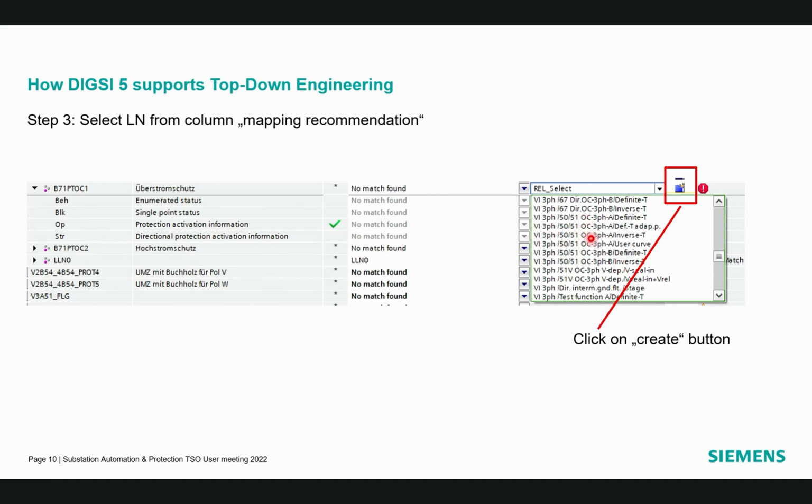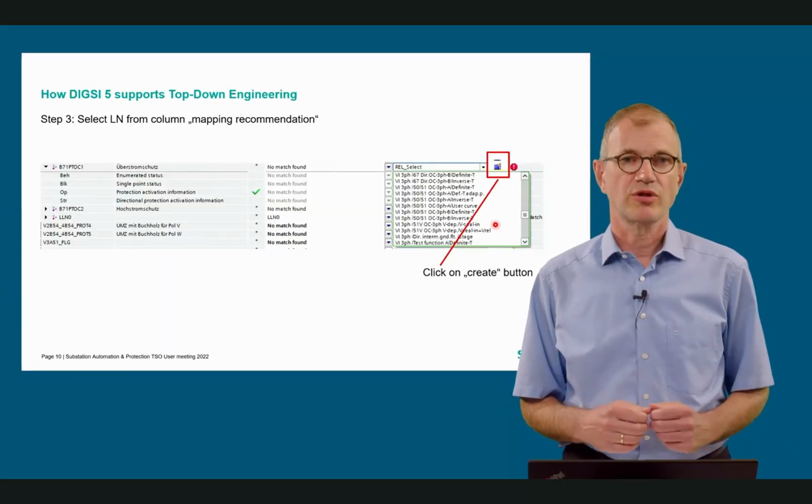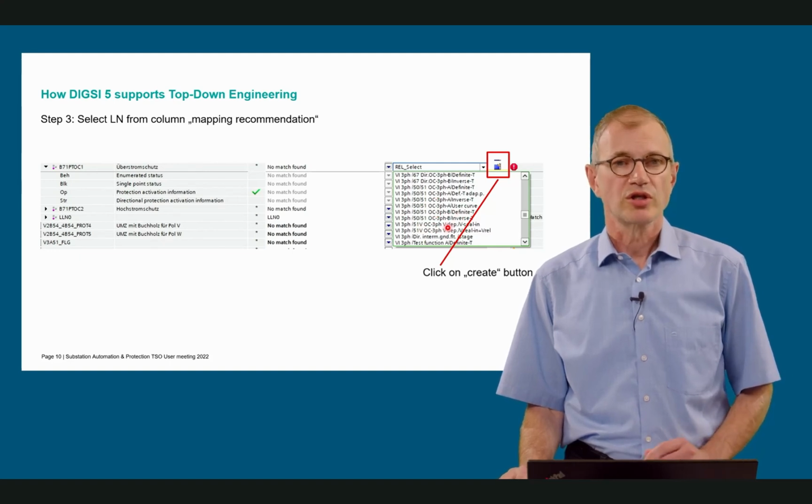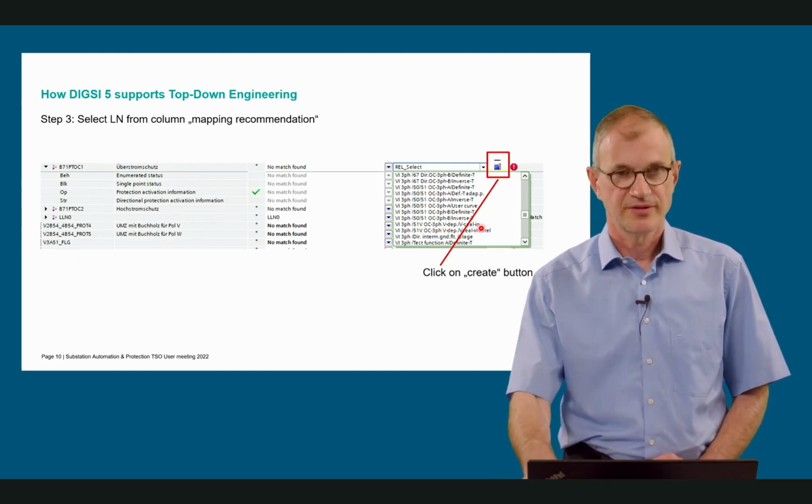So you see here it requires some knowledge because the device has such a huge variety of functionality, and this is why we recommend to work with typicals, so that DIGSI already works with the same basis like the SSD tool, this SCT system configuration tool. However, if you did not do this, we also support and filter down here to the functionality which is available in the device.